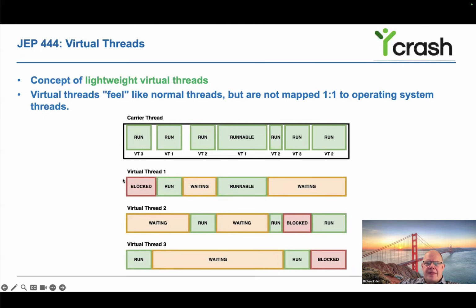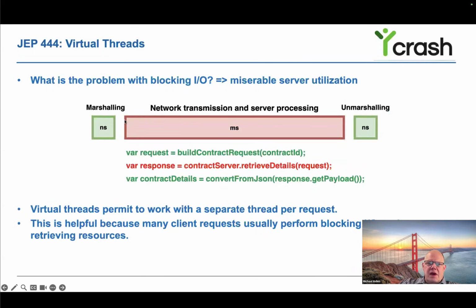In a typical application, you see marshalling done by the thread, and then network transmission, server processing, and waiting for the answer. If you do all this in one thread, this thread is blocked for hundreds of milliseconds, and then it returns the value and does the unmarshalling, which is normally nanoseconds.